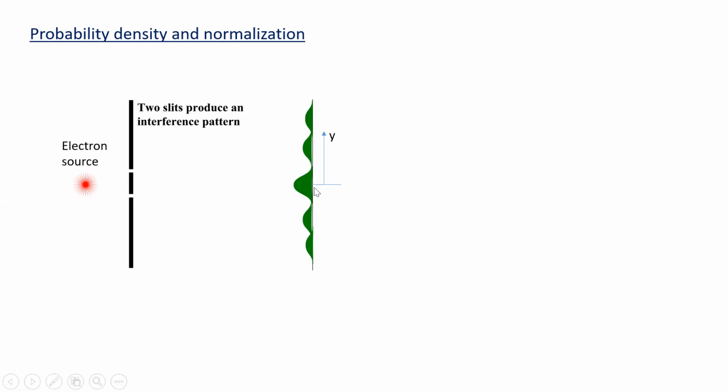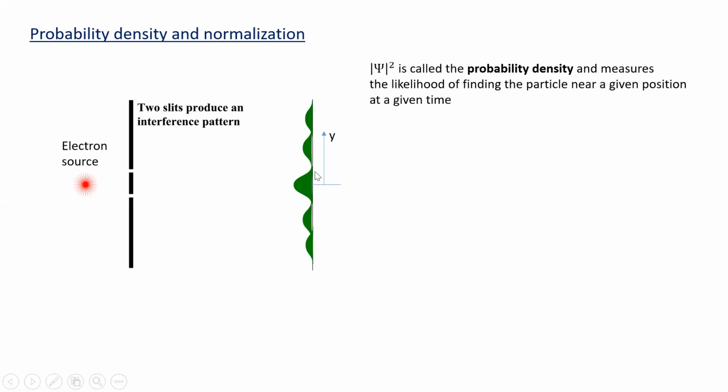We record an interference pattern on the screen, or on the detector here. And psi squared, which is associated with the electron, since it's a material particle, is called the probability density. It measures the likelihood of finding the particle, this electron, near a given position at a given time. Okay, so let's get a little more explicit mathematically with that.